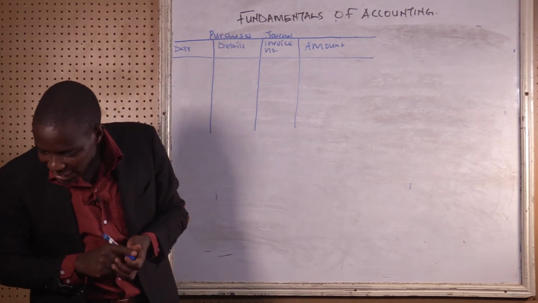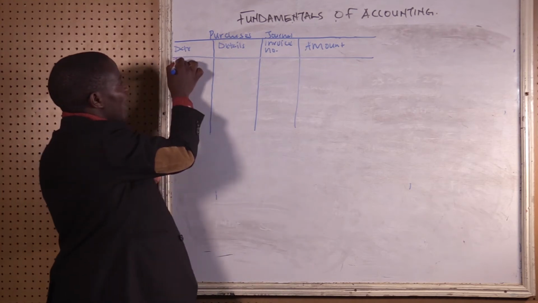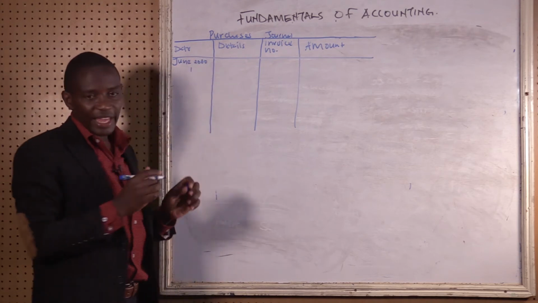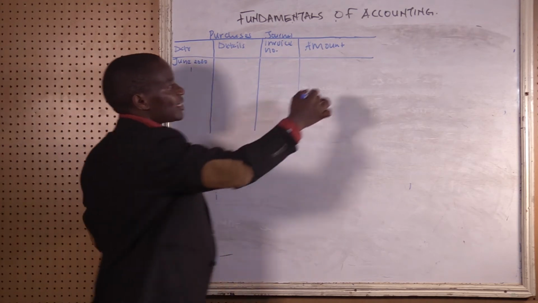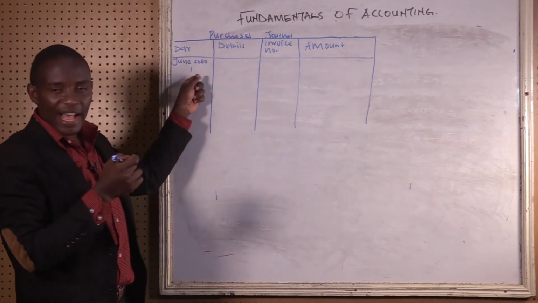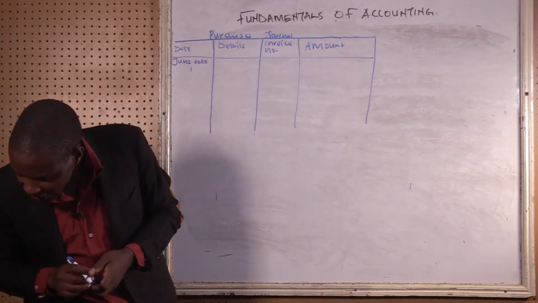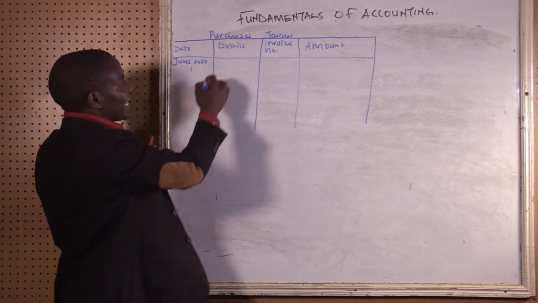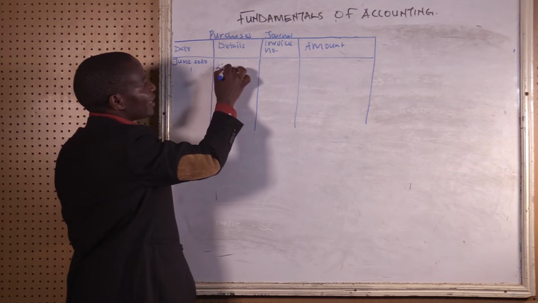For the first transaction, we can write June 2000, and the first transaction took place on 1st June. There were credit purchases from Kimani. Under the details I shall have Kimani.